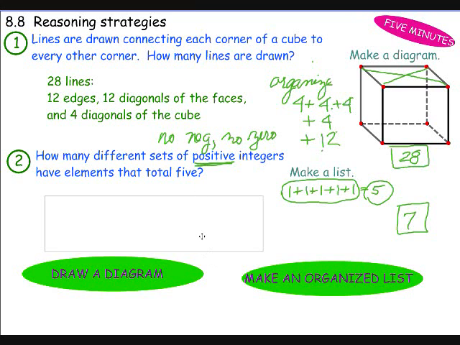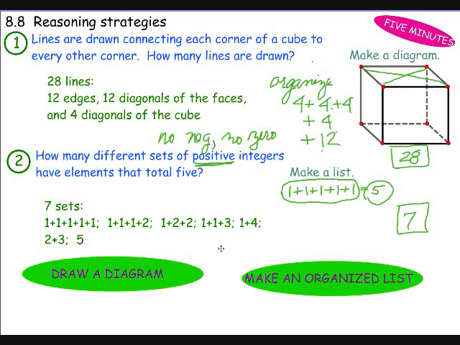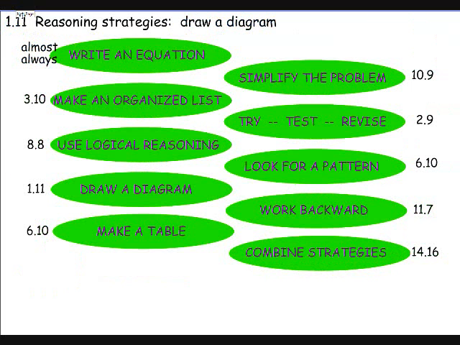Okay, here you are coming back. Here we go. There they are, 7 sets. Gee, I hope I didn't forget any. Well, if I did, please let me know in class. I think that's as many as we could possibly do.